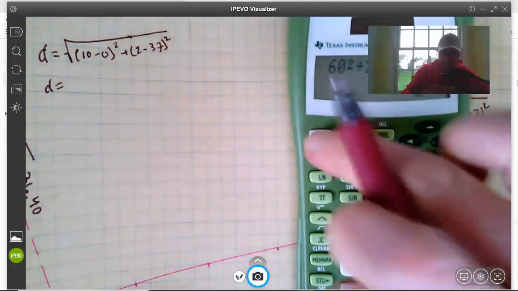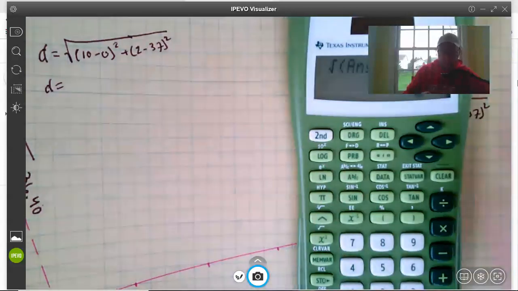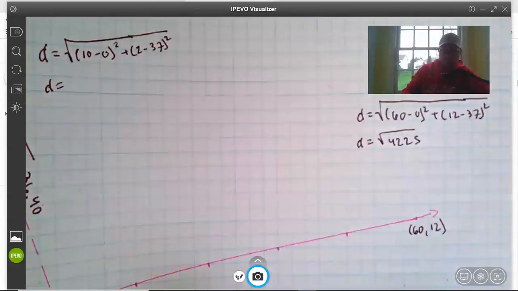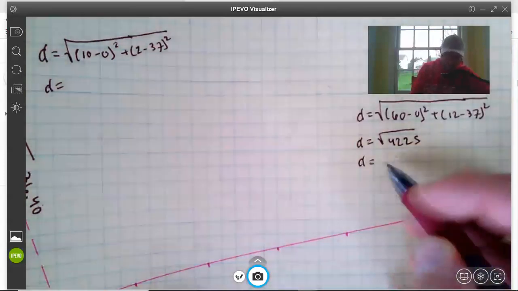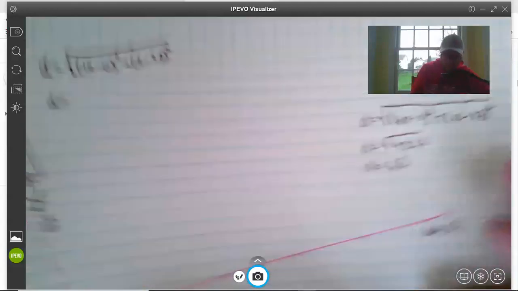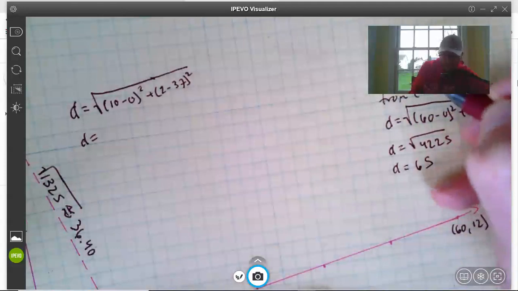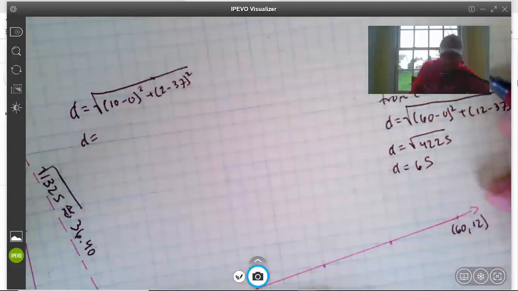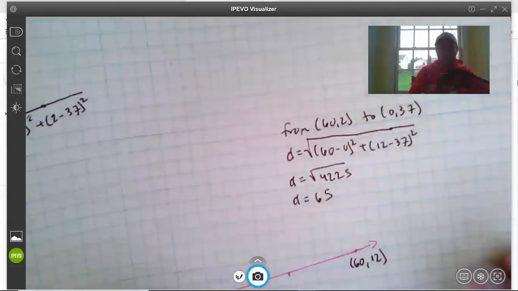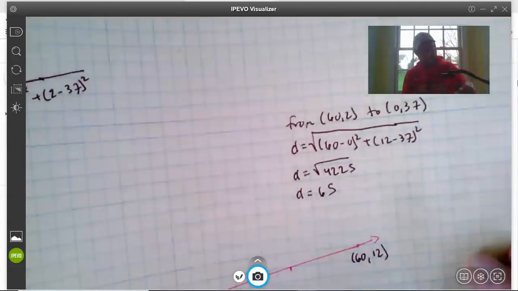And the square root, second answer, 65. So this is from 60, 12 to 0, 37. There we go.